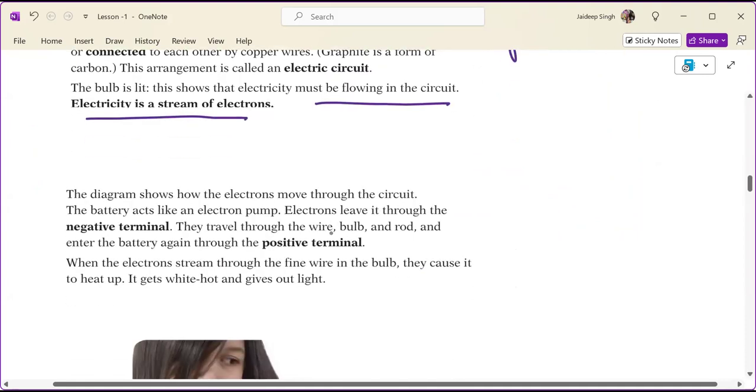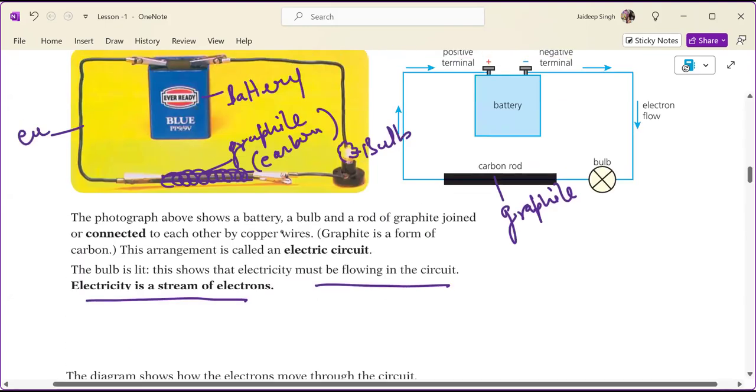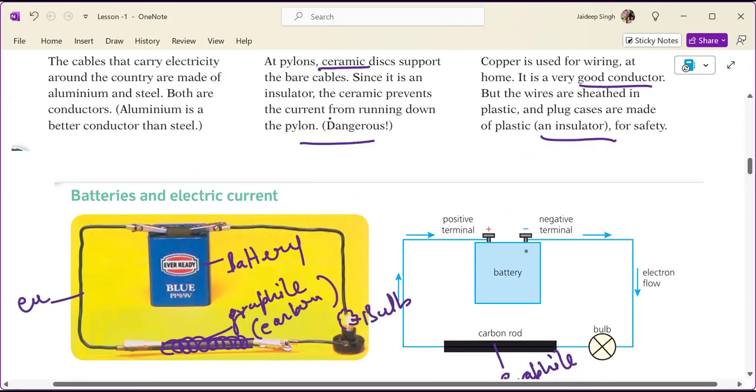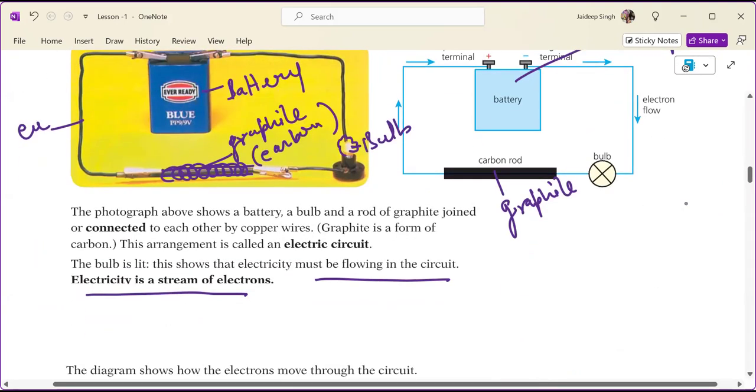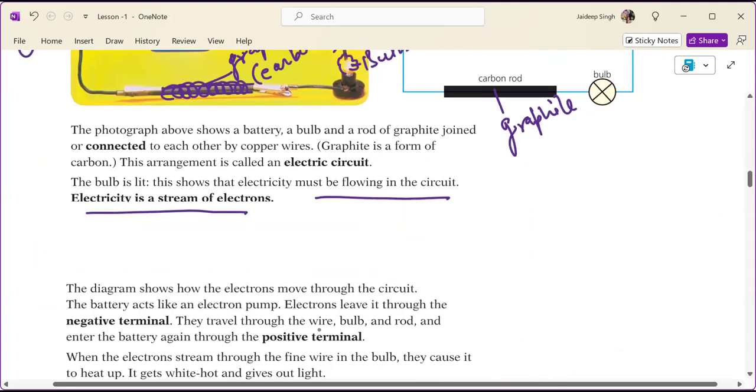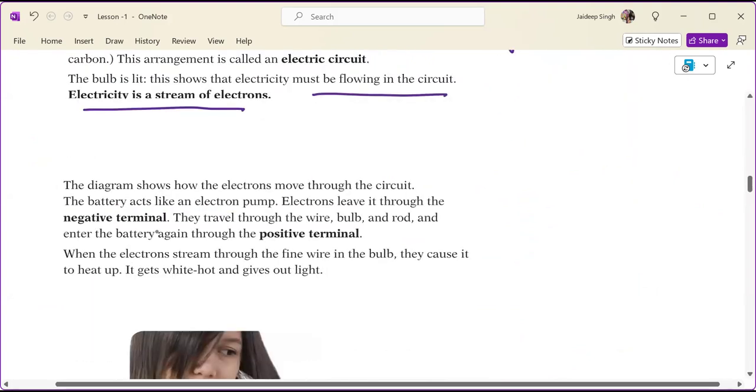The diagram shows how the electrons move through the circuit. The battery acts like an electron pump. Electrons leave it through the negative terminal.